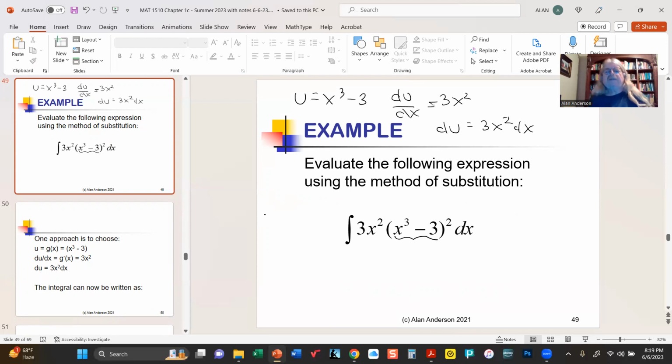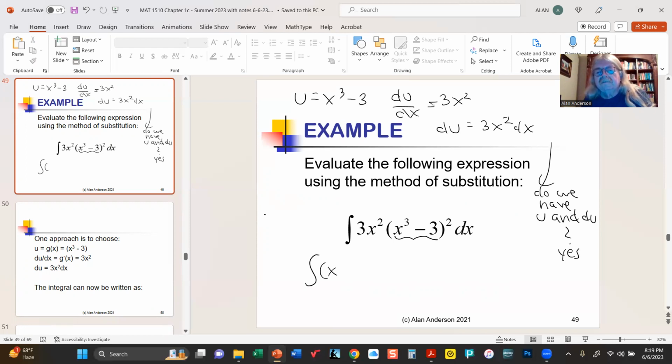So the first thing you want to ask yourself is, do we have u and du in this expression? If not, we've made a mistake. Even though we may have to rearrange this to prove it, you can see now that this is u squared, and this is what we mean by dx. Sorry, du.